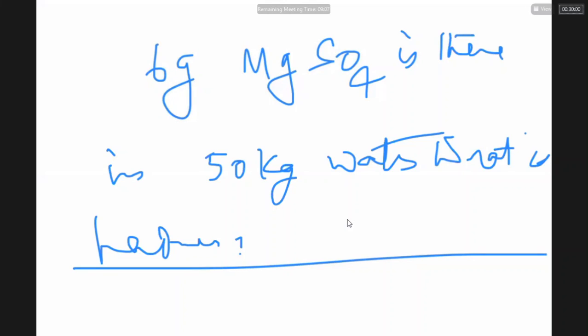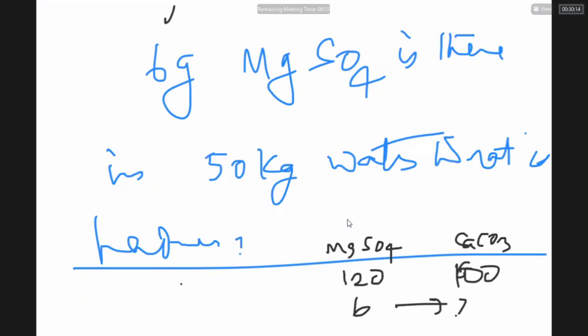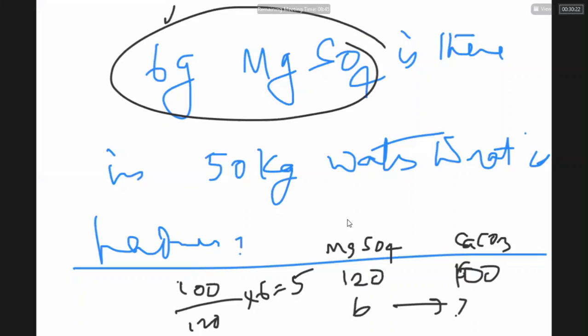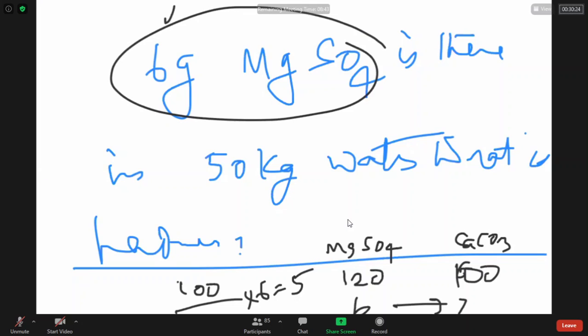MgSO4 molecular weight 120 is equal to 100 grams CaCO3. That is the molecular weight. 6 grams means how much? 100 by 120 into 6. That is equal to 5. It means the solution has 6 grams MgSO4 or 5 grams CaCO3 in 50 kg.